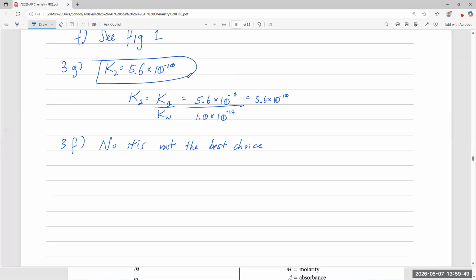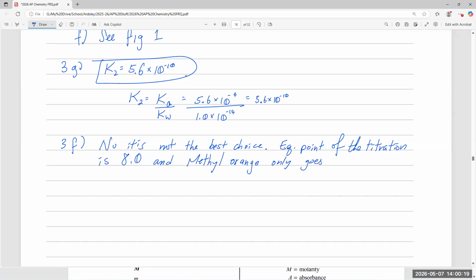Okay, it's because the equivalence point of the titration reaction is 8.0, and the methyl orange only goes between 3.1 and 4.4.